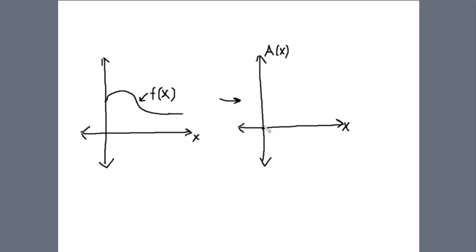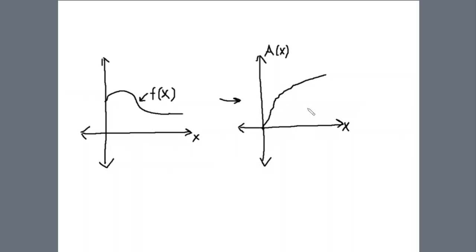So if we want to try to somewhat sketch what this area function is going to look like, we know that at first it's going to have a relatively high slope, and it's going to increase a bit. And then it'll still increase, but it's not going to be increasing as fast, and then it'll increase slower.